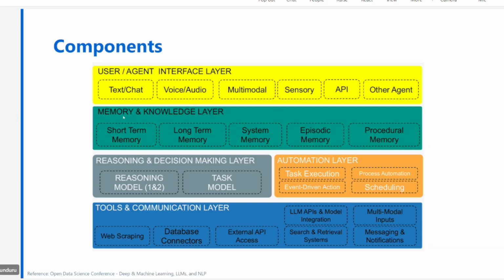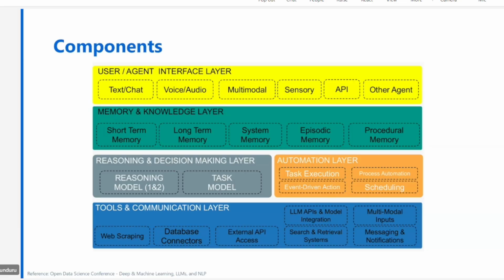Memory and knowledge layer: short-term memory, long-term memory, system memory, episodic memory, and procedural memory. What I feel is these agents are very much equivalent to human nature. Artificial intelligence is trying to mimic human intelligence, and this is very near to human intelligence as of now.